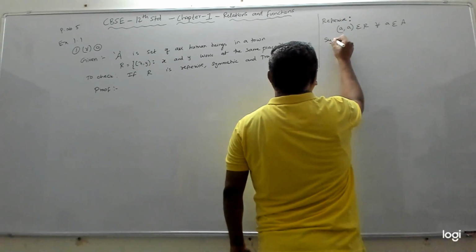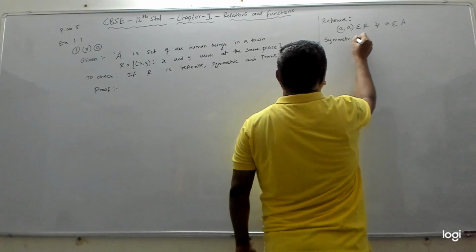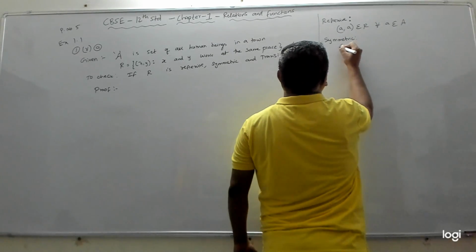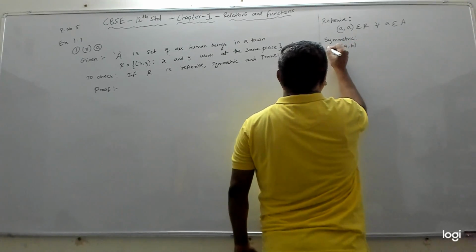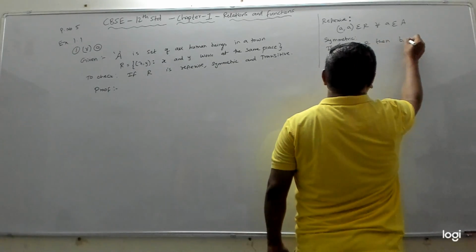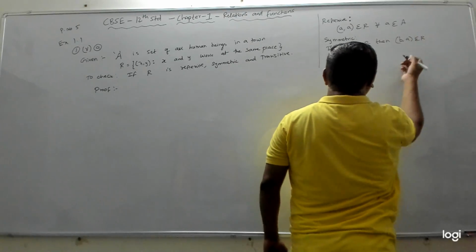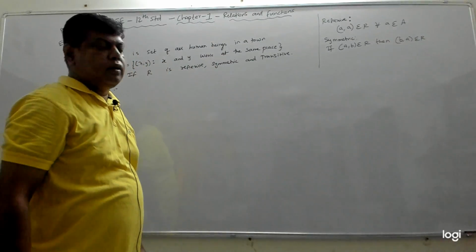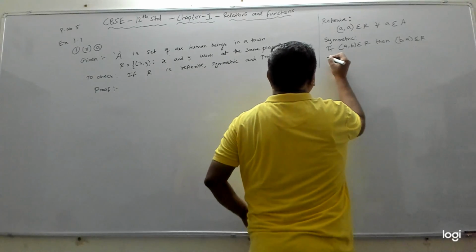Now symmetric is, if A comma B belongs to R, then we should prove that B comma A belongs to R. The reverse should be in R. Right? The third part is transitive.